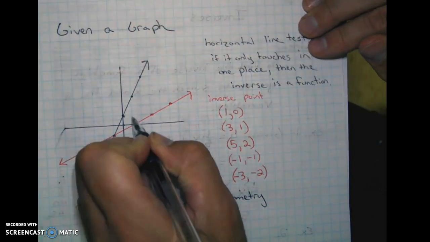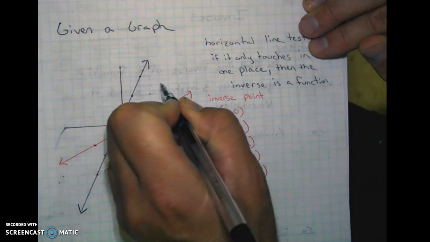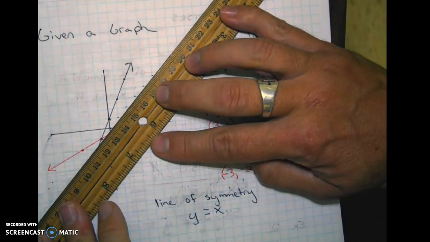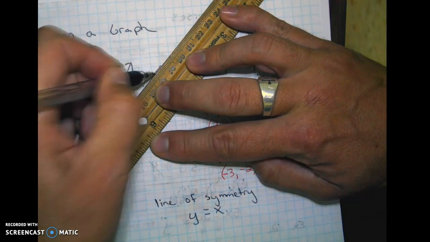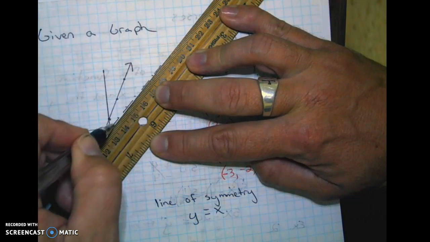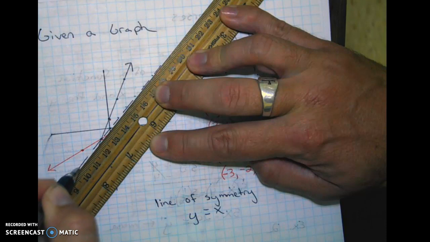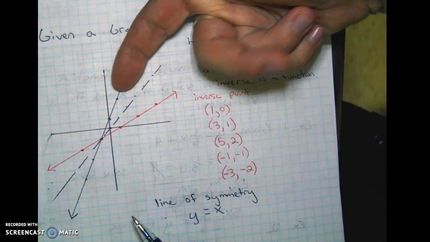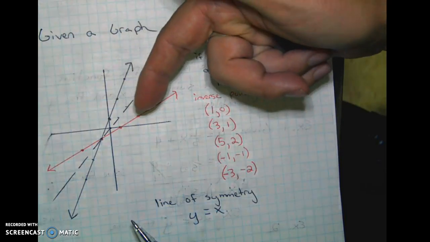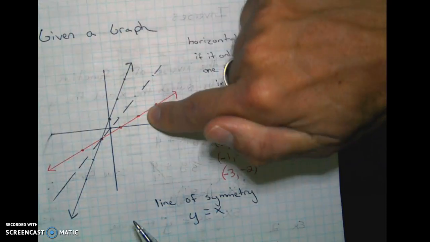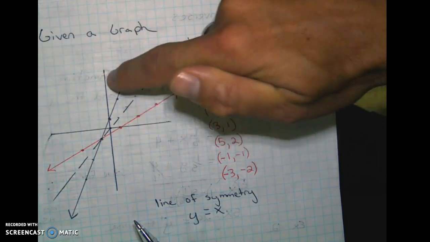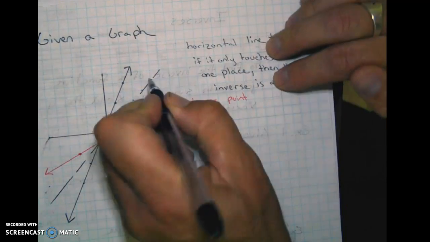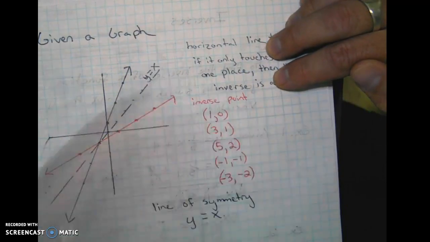So that's there, and there. Line y equals x. We don't draw it as a solid line. It's a line of symmetry, so it's going to go in as a dashed line. If you take the original function and you reflect it over the line y equals x, it lands on the inverse. They are mirror images of one another across the line y equals x.